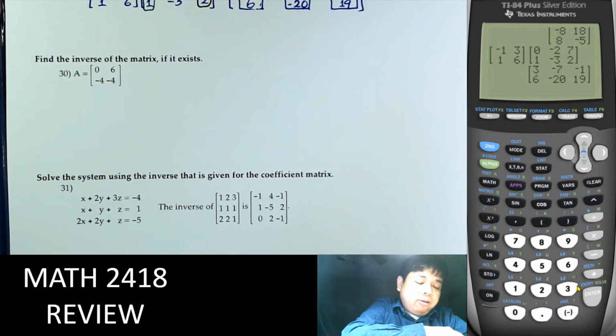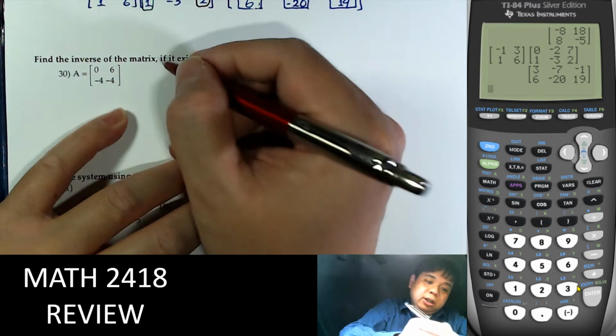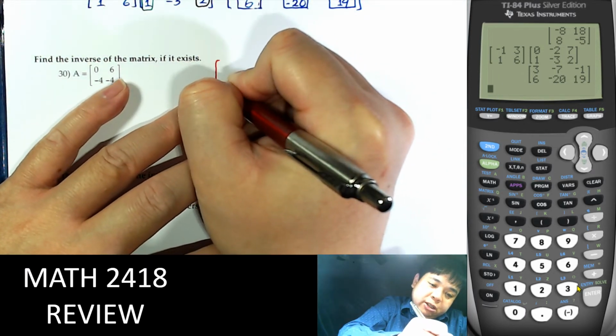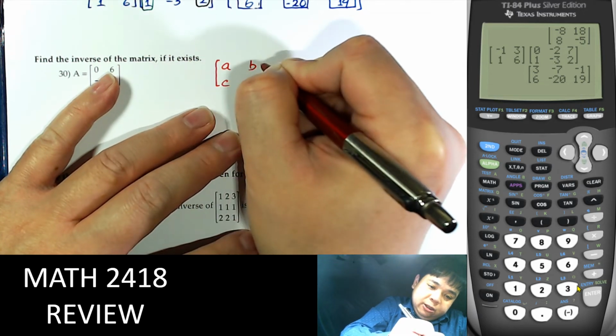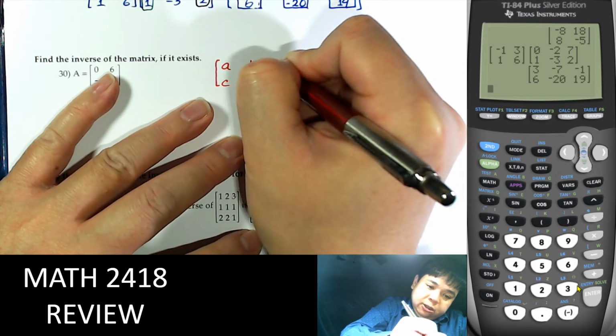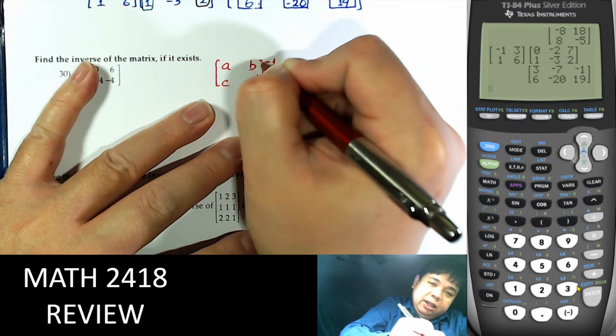Now, I'll find the inverse for this matrix if it exists. Alright. So, for the inverse of a 2 by 2 matrix, there's a formula for it. It's 1 over AD minus BC.